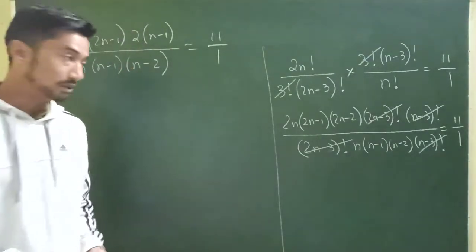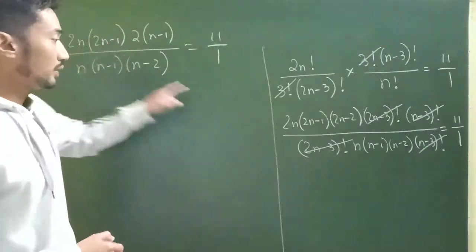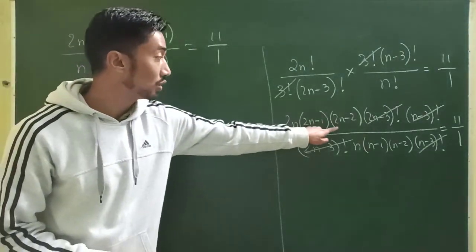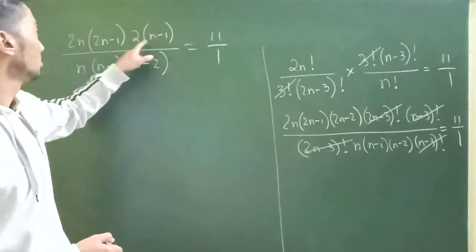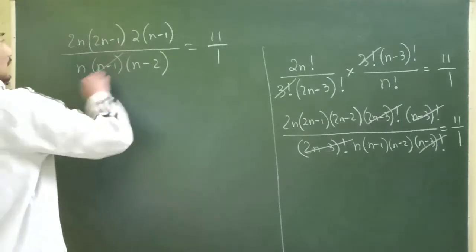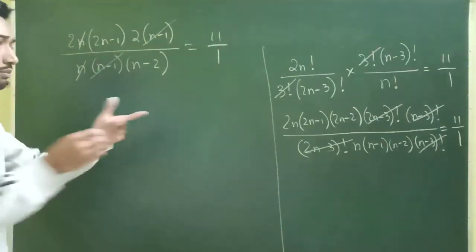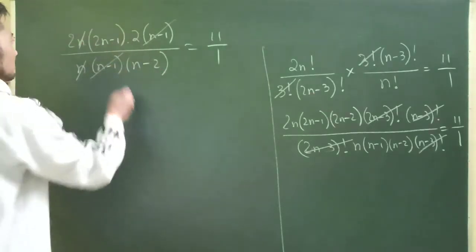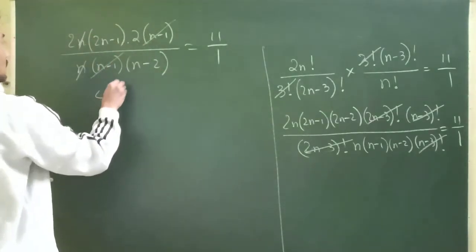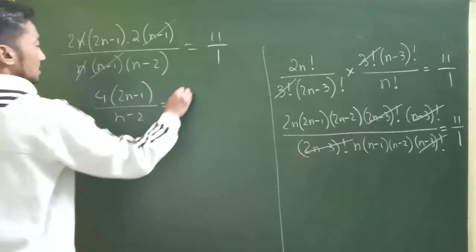It's us who make it complicated. So n minus 1 cancels, and n cancels. These are all products, no addition, so we can remove them. 2 twos are 4, so 4 into (2n minus 1) by (n minus 2) is equal to 11 by 1.